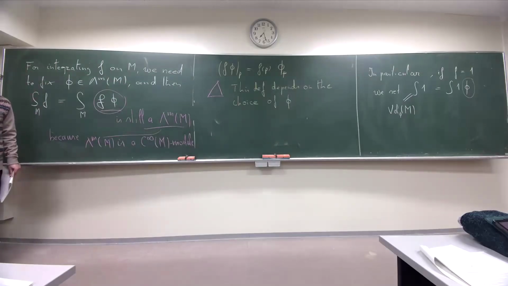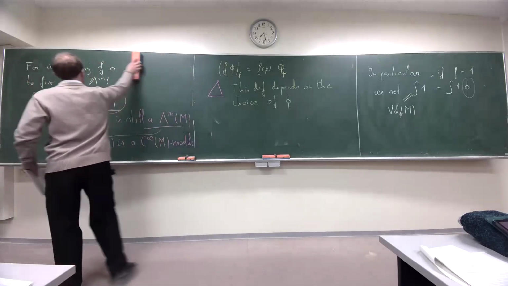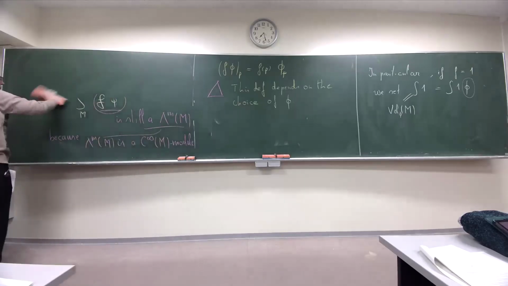And for now, I have no reason to take a special one, because the definition is valid for anyone. But yeah, if later we have a specific one, and in some cases there is a specific one, we will choose this one. But up to here, there is no reason to choose a specific one.